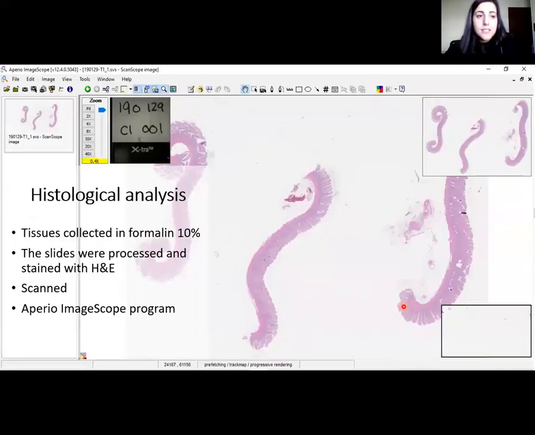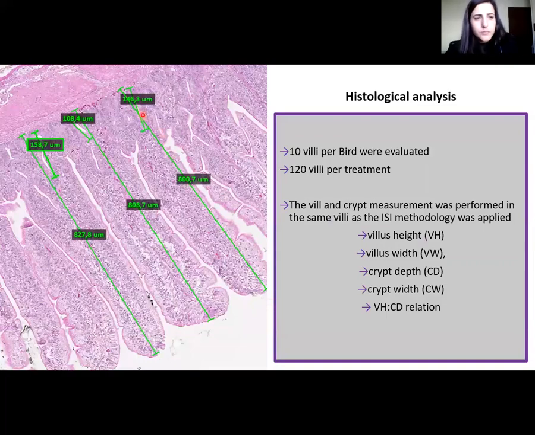For histological analysis, all the tissues were collected in formalin 10%. The slides were processed and stained with hematoxylin and eosin, and all the slides were scanned to analyze in the Aperio ImageScope program, because in this program it was possible to evaluate the same villus where we applied the measurement.